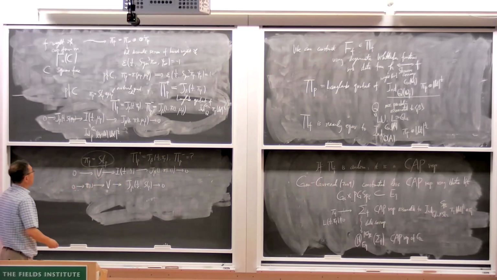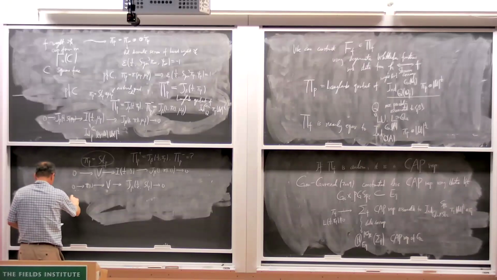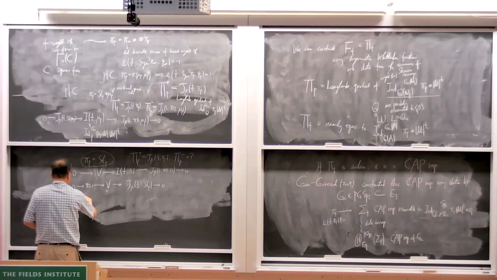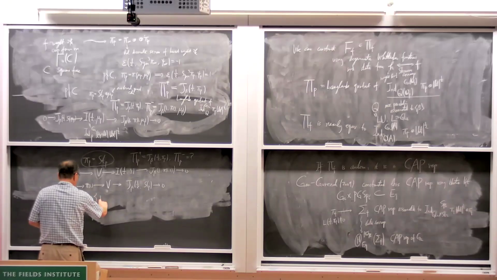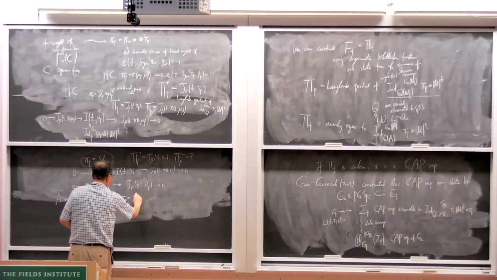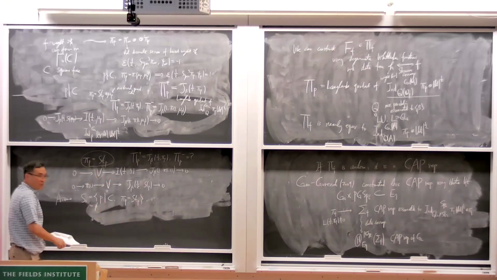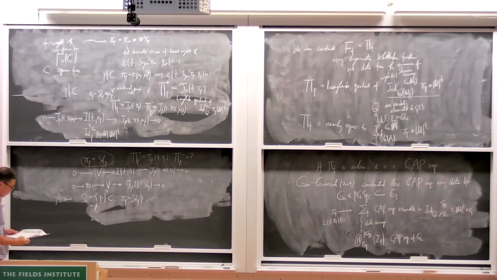So we'll just assume that S_0 is empty. S_0 is the set of p where pi_p is Steinberg. We simply assume that this is the empty set.